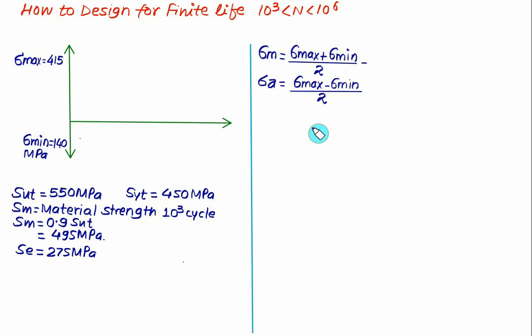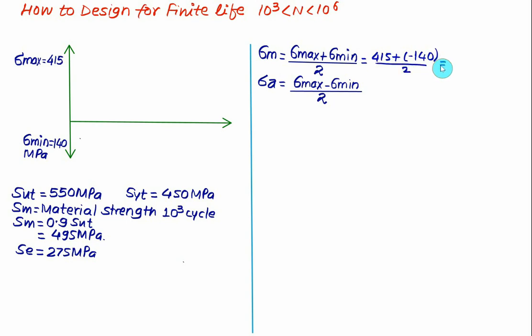First we calculate the mean stress, which is nothing but the maximum stress plus minimum stress divided by 2. In this case the maximum stress is equal to 415 megapascal, which is tensile in nature. The minimum stress is compressive because it is shown below. So we have 415 plus sigma minimum equal to minus 140, divided by 2.